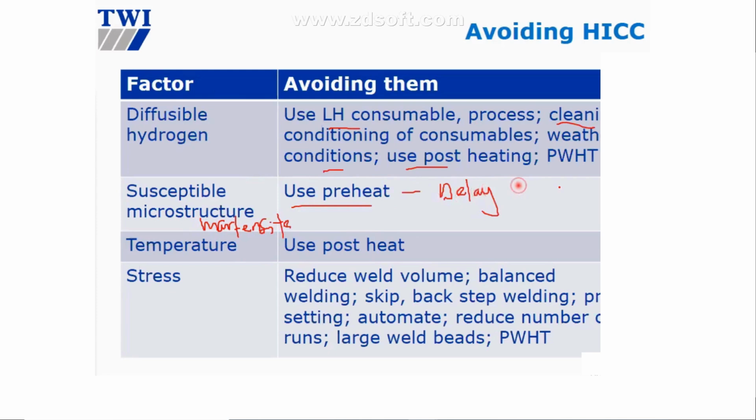So that's the purpose of preheat. Use post-heat, like hydrogen release technique. Stress, how to reduce stress? Reduce weld volume, like changing single V to single U, for example. That will reduce the weld volume.